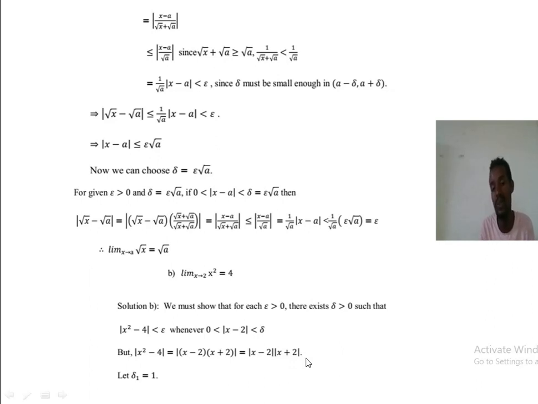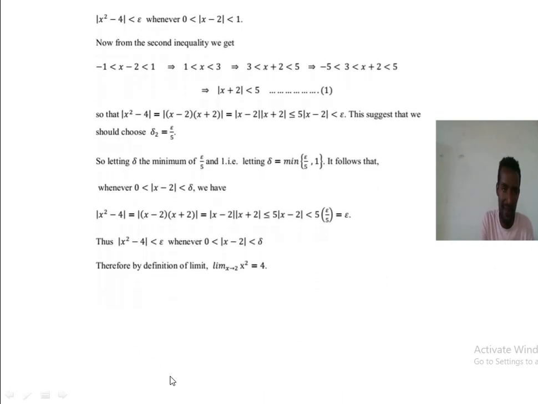To change this into a constant number, let us choose our delta 1 to be equal to 1. Now, if delta 1 is equal to 1, absolute value of x squared minus 4 is less than epsilon whenever 0 is less than absolute value of x minus 2 less than 1, because previously we said that x squared minus 4 is less than epsilon whenever 0 is less than absolute value of x minus 2 is less than delta.